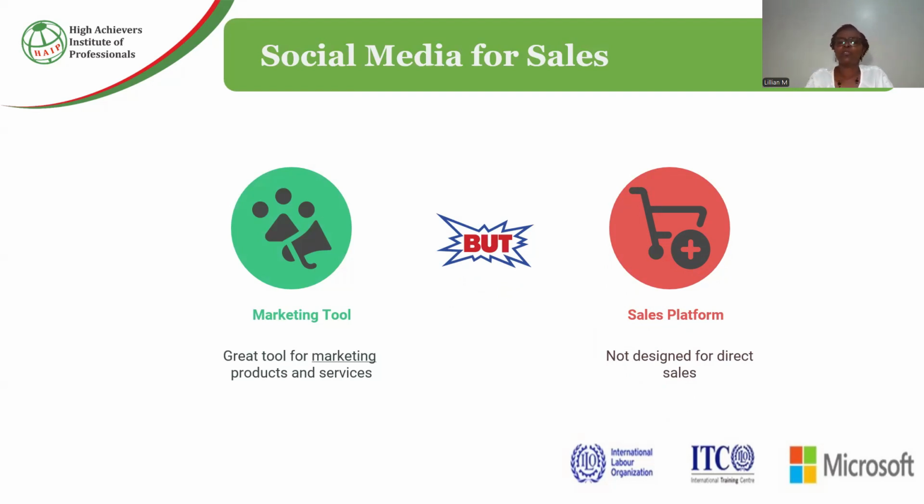The payment is not something you can click on the social media page and it takes you to a payment gateway. The seller will need to send you their till number or their pay bill number or whatever payment method they use. And then you have to engage with it away from where you first saw your product. So that's the downside of selling on social media.